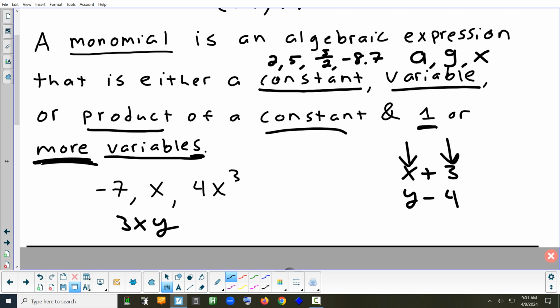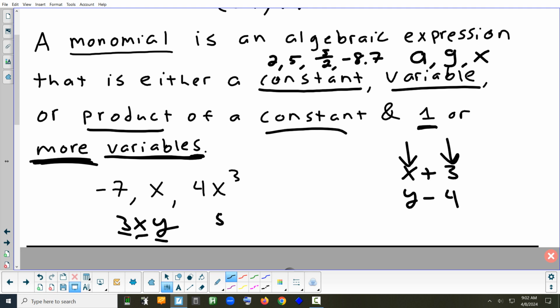You can have one or you can have more than one variable, because that's what the definition is. It's the product of a constant in this case and one or more variables. In this case, there's 2. So yes, that is a monomial. That's fine. Remember, it just can't have a plus or a minus sign.